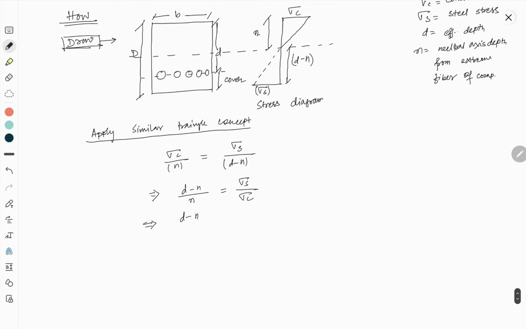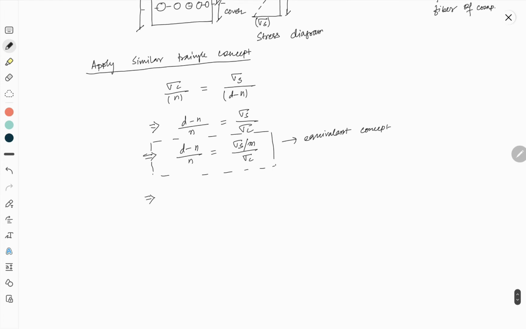Now d minus n by n equal to, as we know the equivalent section, sigma s by m divided by sigma c, because in this line we apply the equivalent concept.